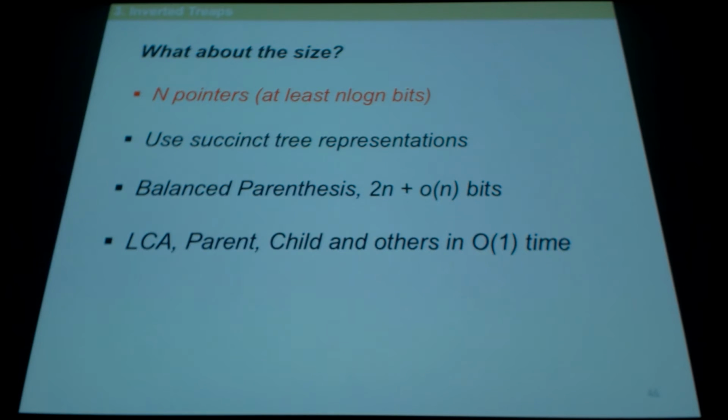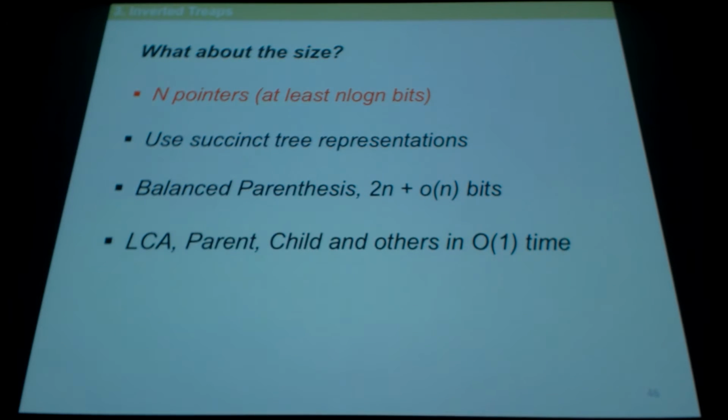We can use succinct tree representations. This is something from 2008, academically speaking. Right? There are some representations. It's called balanced parentheses. They use 2n plus o(n) bits, where n means the amount of nodes. So we can actually represent a whole tree just using 2 bits per node. That's pretty cool.